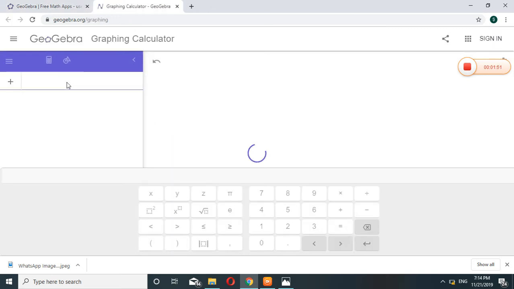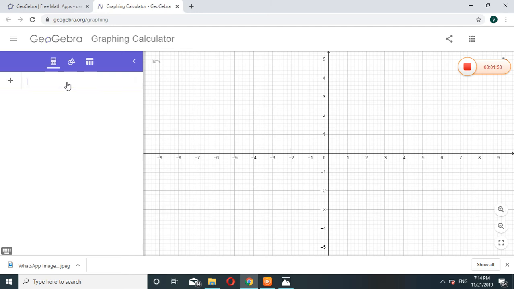Firstly, we have to write our function itself. Our function is f of x equals a multiply cosecant x plus b times x plus c.